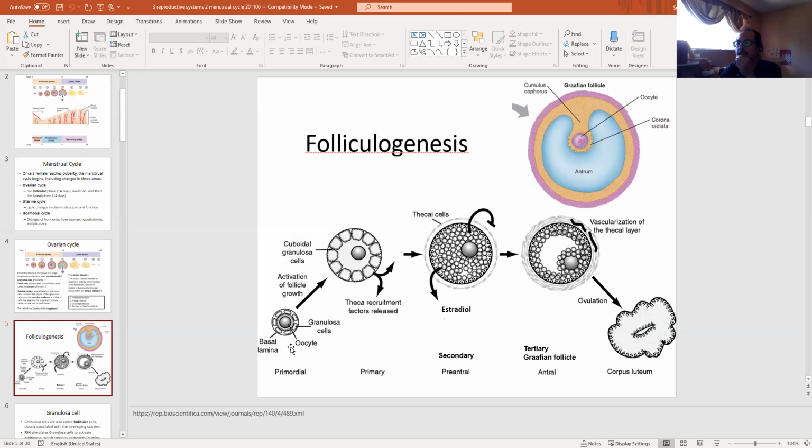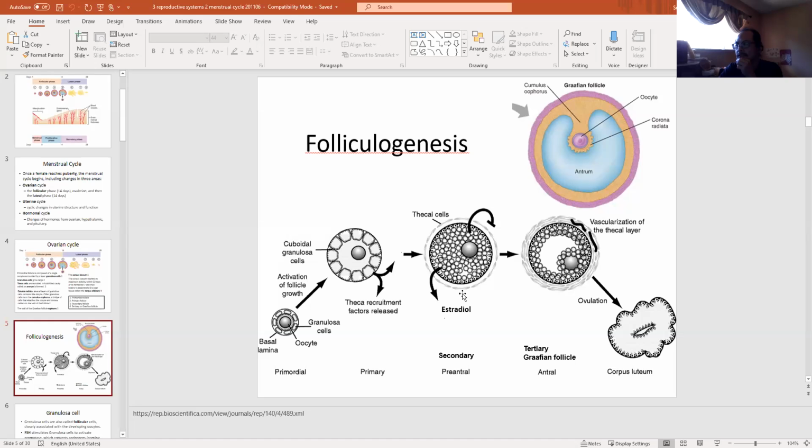So just very quickly go through the folliculogenesis process. First, we have the primordial follicle, and the granulosa cells will grow, and it will start to recruit the theca cells to form the theca cell layer.